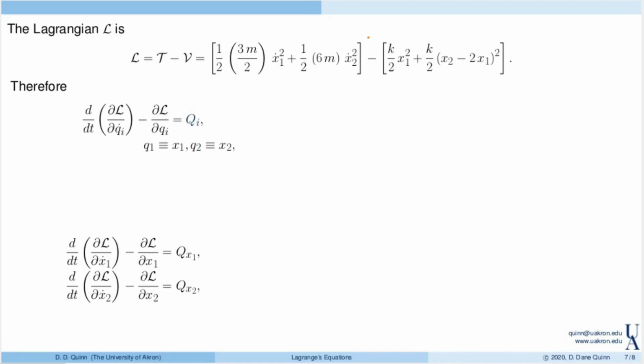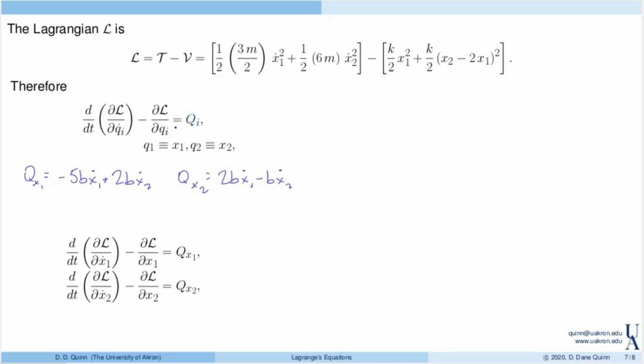and I will also write out the qx1, which is equal to minus 5b x1 dot plus 2b x2 dot, and qx2, and this was found from the previous slides, 2b x1 dot minus b x2 dot.